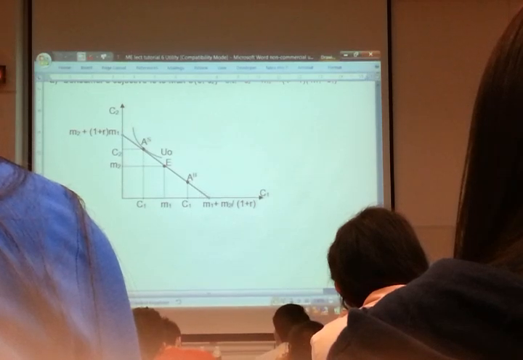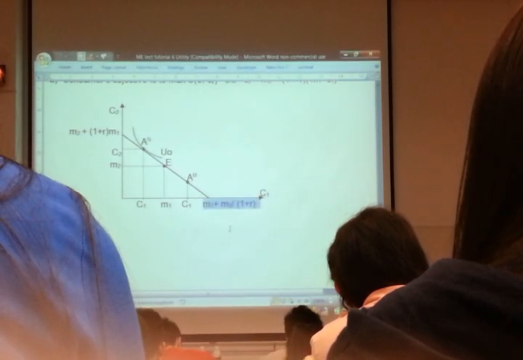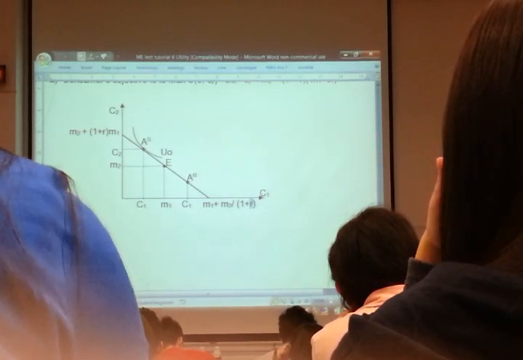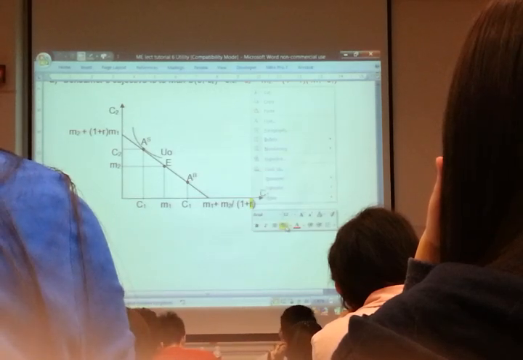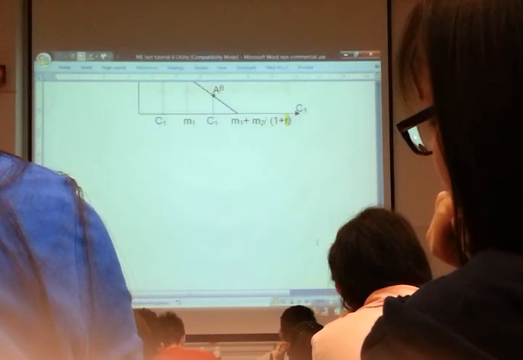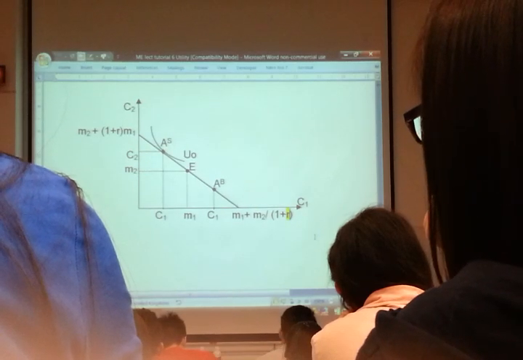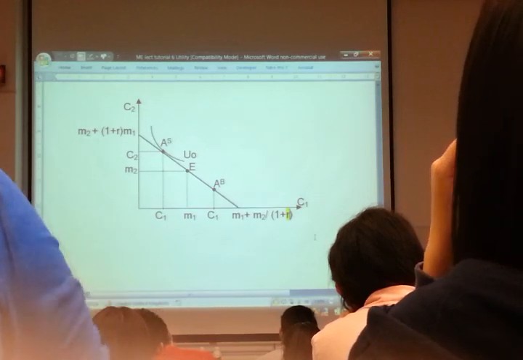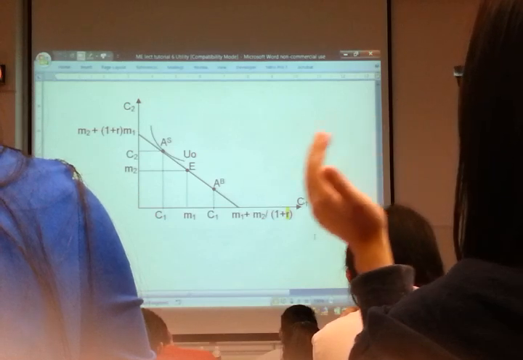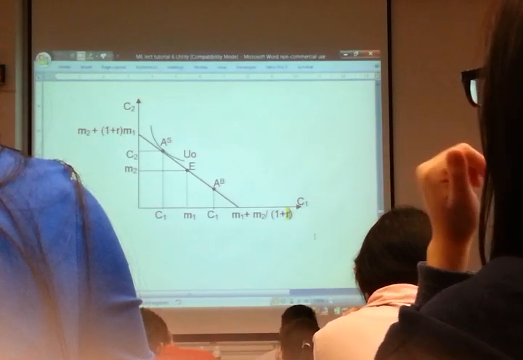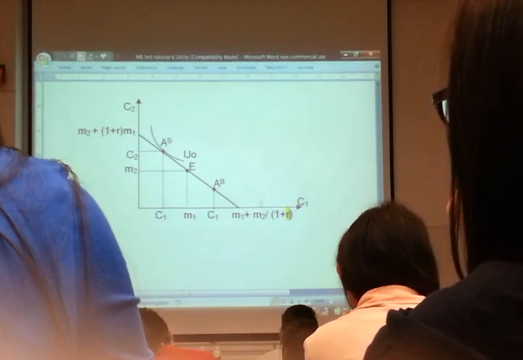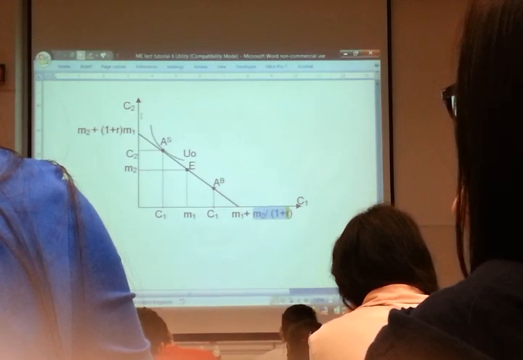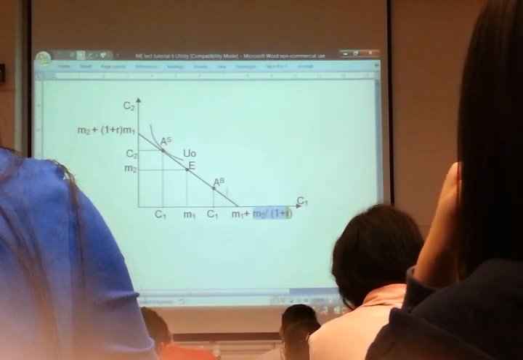Well, this line is controlled by these 2 points, and the only question is whether R is here. So when R goes up, will this point move left or right? The whole thing becomes smaller, so this point will move left. Agree?